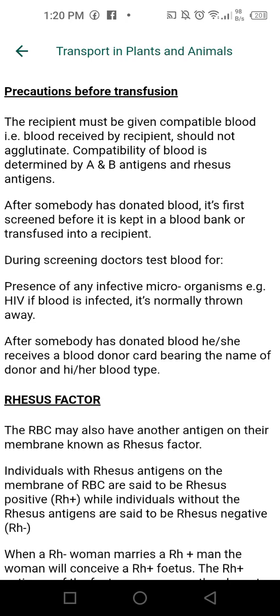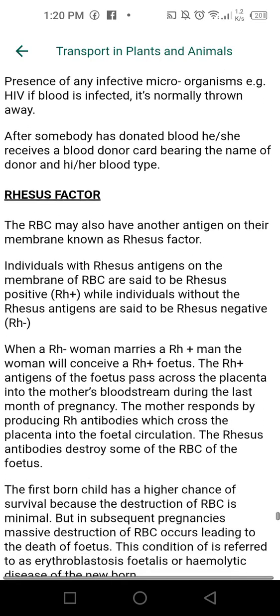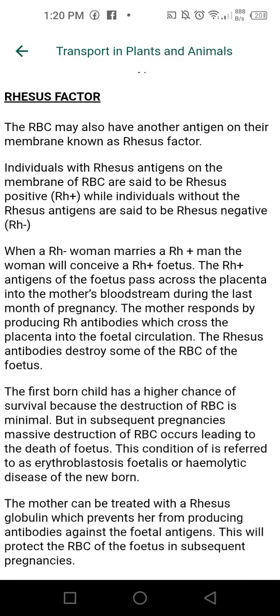Rhesus factor. The RBC may also have another antigen on their membrane known as rhesus factor. Individuals with rhesus antigens on the membrane of RBC are said to be rhesus positive, Rh+, while individuals without the rhesus antigens are said to be rhesus negative, Rh-. When a Rh- woman marries a Rh+ man, the woman will conceive a Rh+ fetus.